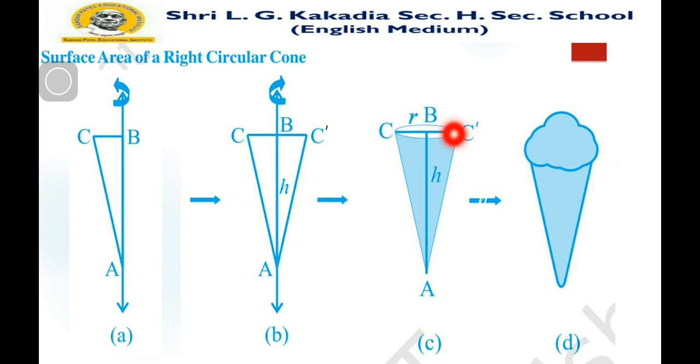Its base is a circle, as you can see here, and when we add it to the curved surface area, we get the total surface area of this cone. The curved surface area is the part of the curved face of this cone. So let me find how we can get the curved surface area and the total surface area of the cone.